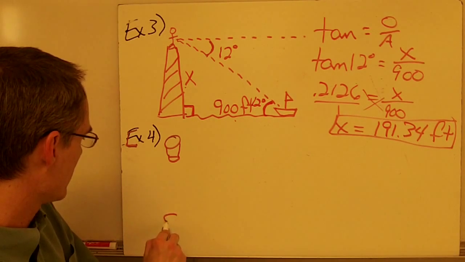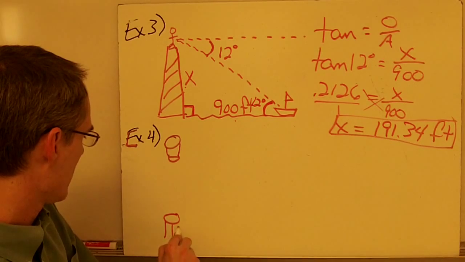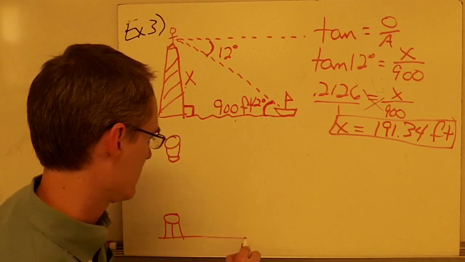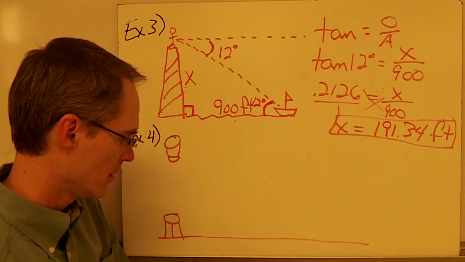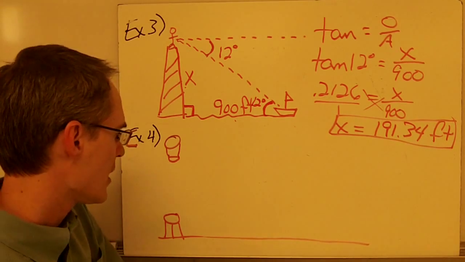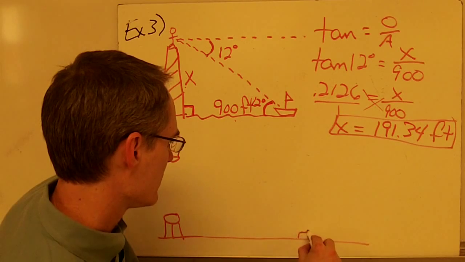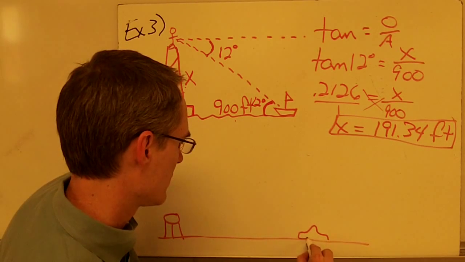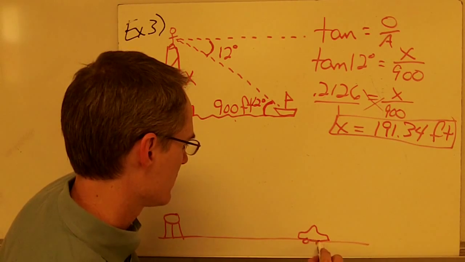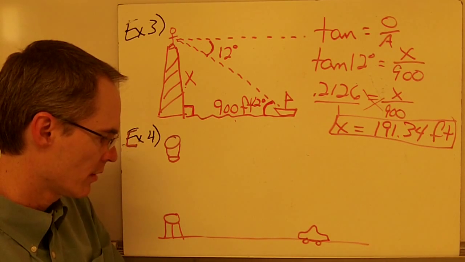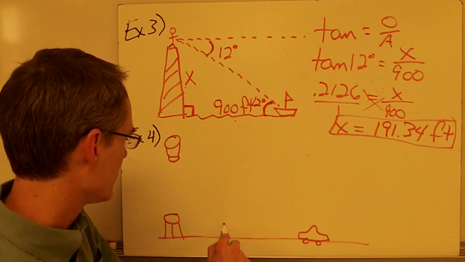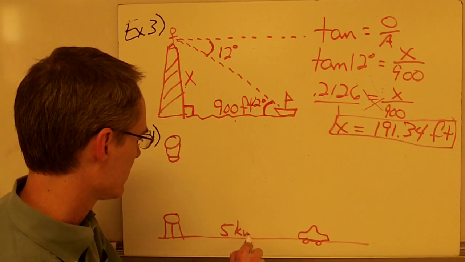So my water tower is down here on the ground. And let's see, I've got a car. The water tower is 5 kilometers from the car. Okay, so my car is over here somewhere. And the water tower is 5 kilometers away from the car. So this distance here is 5 kilometers.